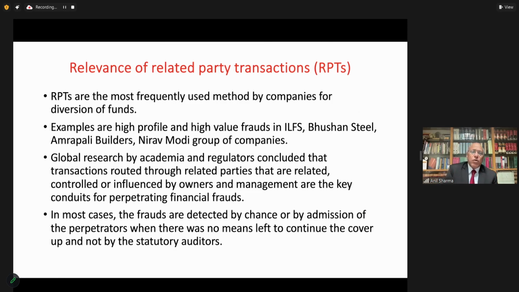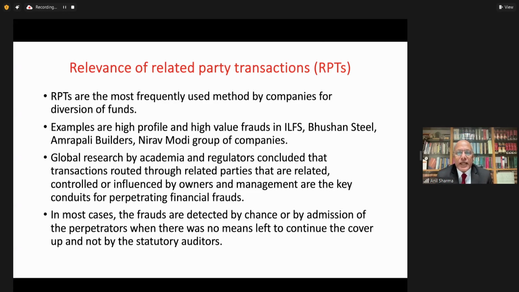In fact, not only these examples, there are a number of research materials available by academia as well as by the regulator. There's a very good report by SEBI as well as the RBI, where they have dealt with bank frauds. It's not only in India, there's global research material available.